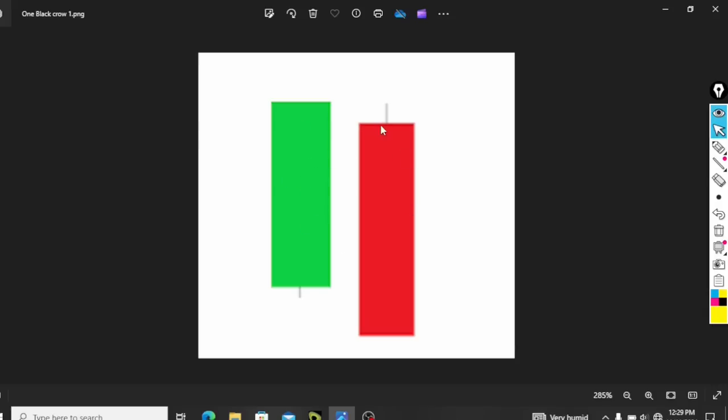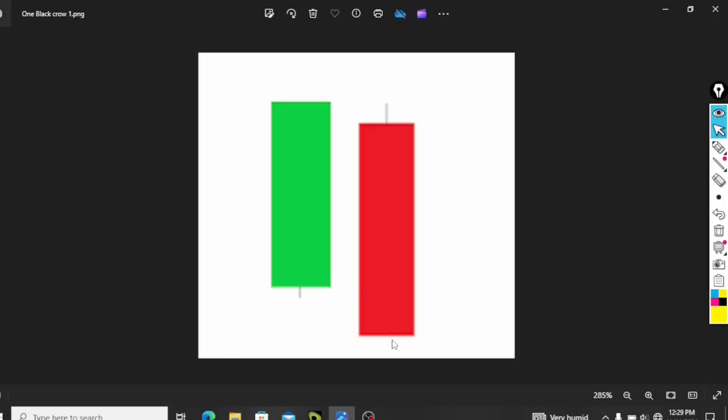It's a very, very bearish strategy to trade anytime, any day. Like what you see here, the second candle in the makeup has opened and traded all the way down, at the end of the day closing below the open of the previous day bullish candle. So that is what we call one black crow.